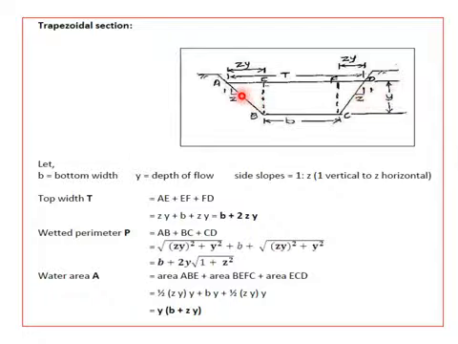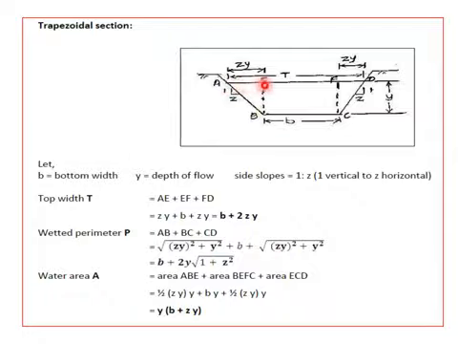The top width for the trapezoidal section is nothing but the width of the channel section at the free surface. So it becomes AD. If you divide into triangles and a rectangle, we get this top width as AE plus EF plus FD. Now what is EF? For one vertical it is Z horizontal. For Y vertical it will be ZY horizontal.